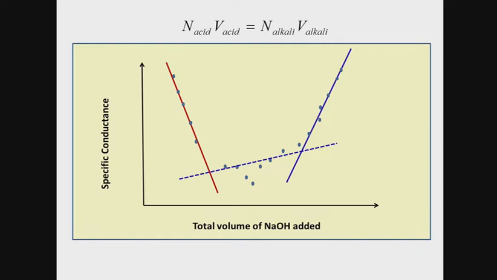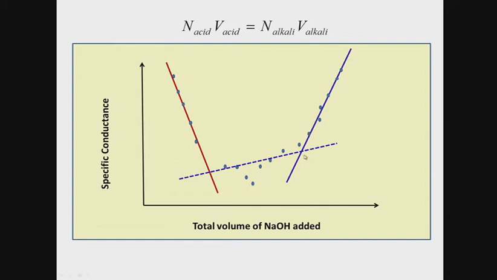And then what you find is there are 2 breakpoints, as evident from the rapid changes in the slopes of the 3 average straight lines that you have drawn. And then V alkali is found to be this particular point. So, the volume of the alkali corresponding to this point is V alkali.